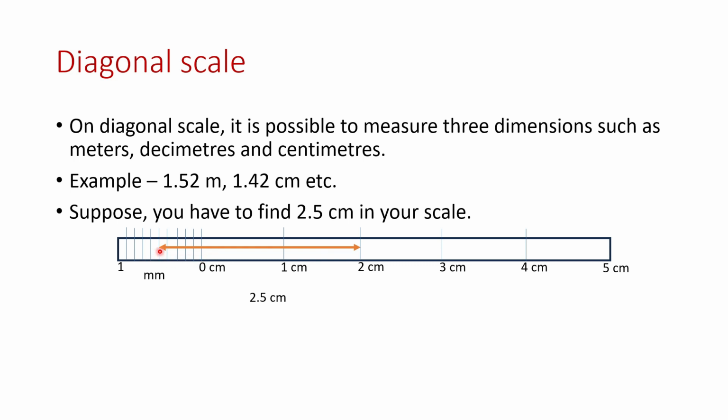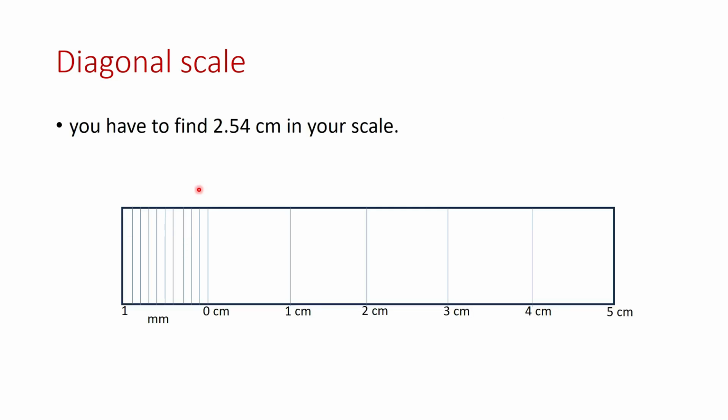So we can measure here 2.5 centimeter. Now if you again divide this small amount into 10 equal parts, then it is difficult for our normal eyes to see the divisions properly. It is not impossible, it is difficult to use the plane scale to measure up to 3 dimensions. So for that, we will use the diagonal scale.